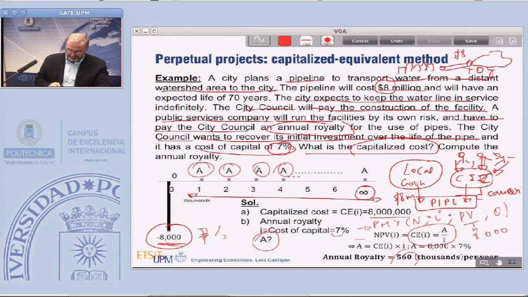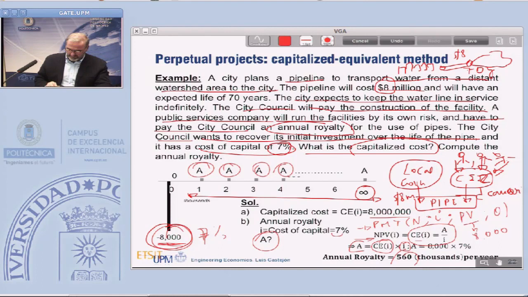If you apply the formula directly, the net present value of this investment, which is 8 million, the capital cost, is equal to A divided by I. So clearing A, A is equal to the capitalized cost times the interest rate.